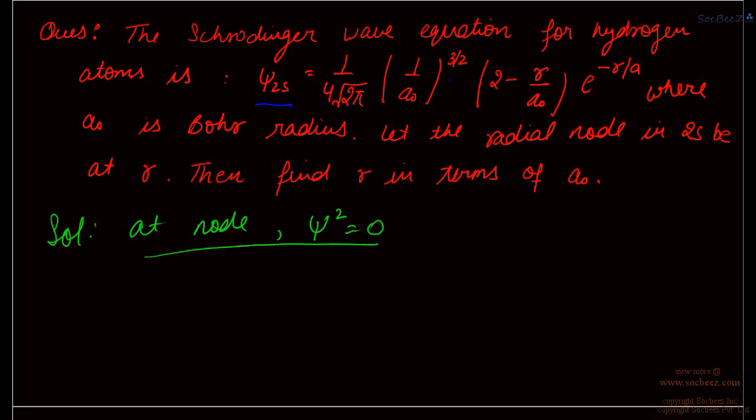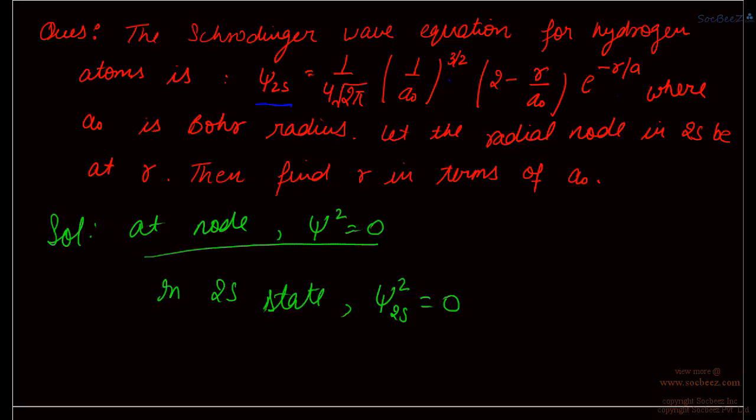At a node we know that psi square equals 0. Since psi 2s is given, we have to find the value of the radial node in the 2s orbit. So in the 2s state, psi square 2s will be 0.